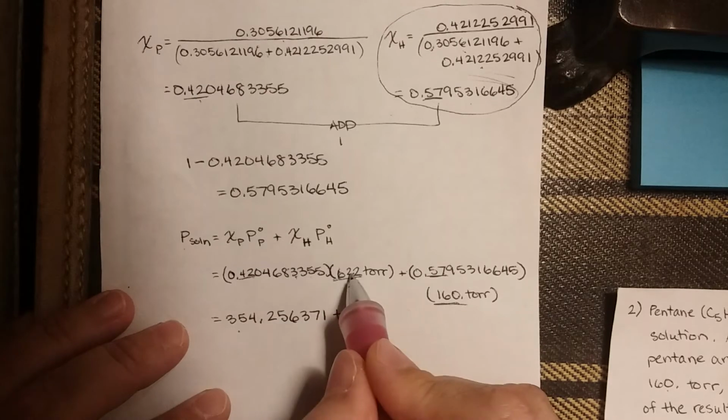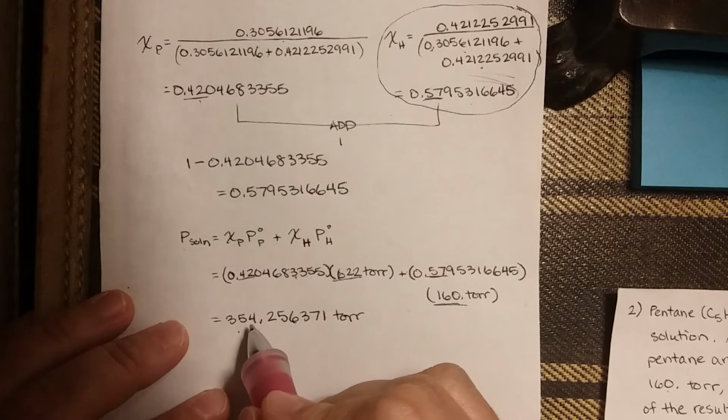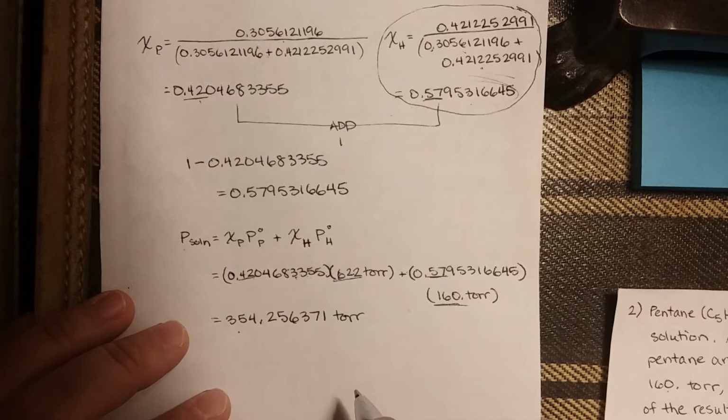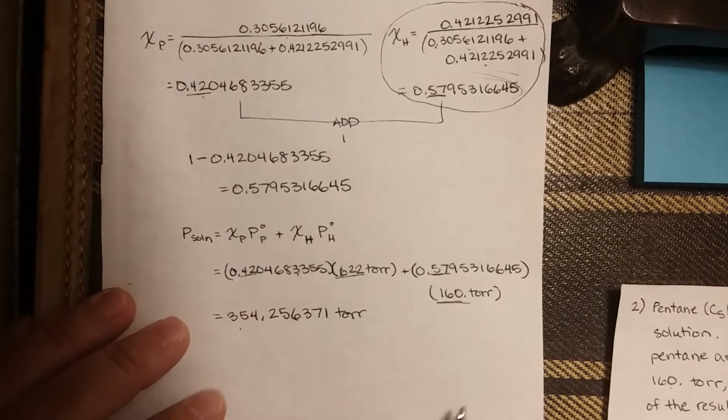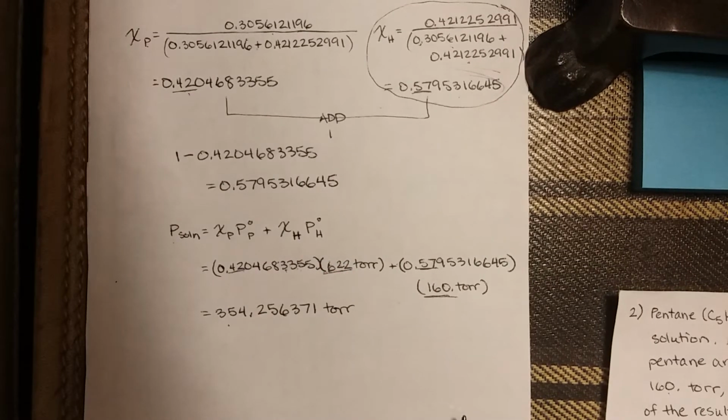So I actually need to figure out what this is and what this is, in order to determine the proper number of sig figs, unless your instructor doesn't care. Let me do this times this real quick to see what it comes out to, because I put it all in the calculator at once.